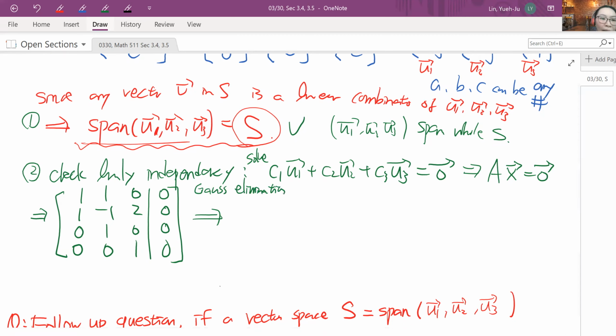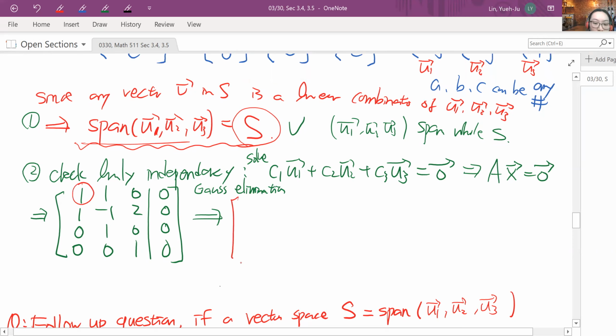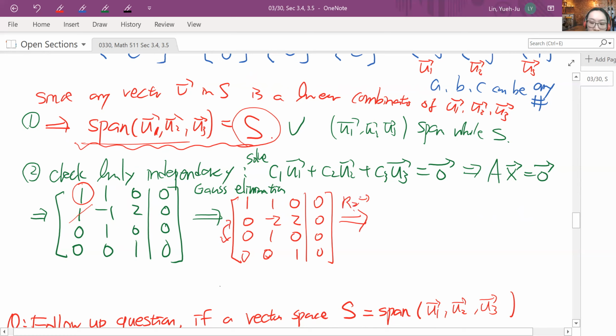Okay, but this is not too bad because we already have a lot of 0s here. So I'm going to use this 1 to try to cancel this out. I'm not going to write exactly what I did, but you know my goal is just to make it as simple as possible. And then after this, I'm going to swap row 2 and row 3, so I can have some pivot 1.